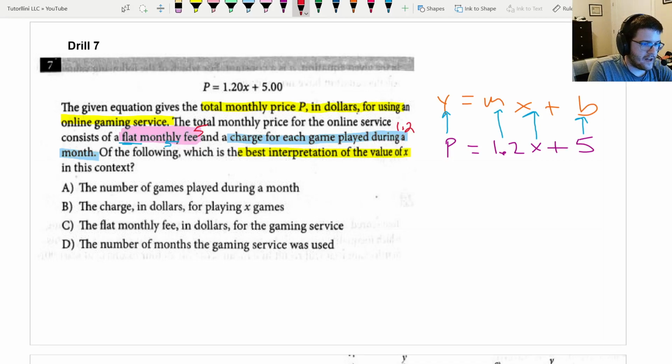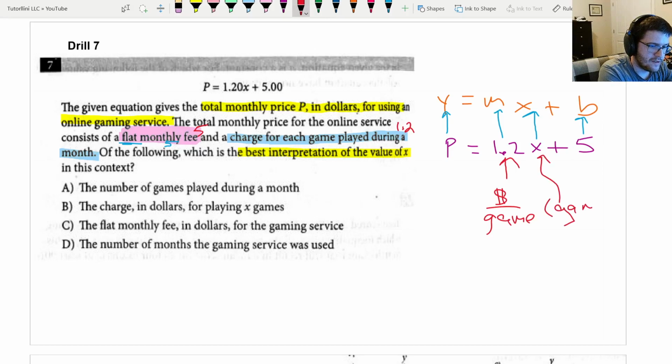So if this is the dollars he's charged per game, you'd have to multiply by the number of games he plays in order for these units to cancel and so that you're left with dollars. So I'm thinking X is the number of games they play in a given month. And that is right. That is answer choice A.